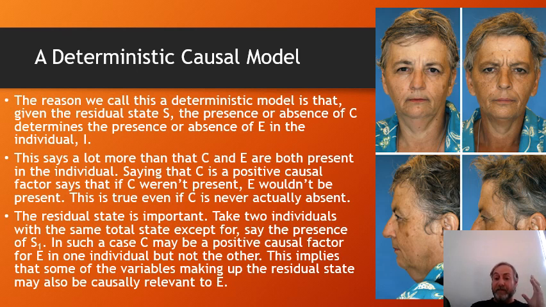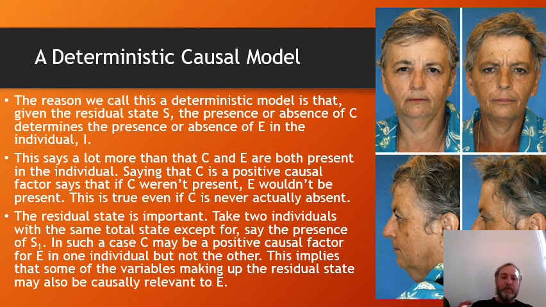If I say my fair skin is a cause of my having skin cancer, that's to say that if I hadn't had fair skin, I wouldn't have had skin cancer. So this is obviously a much stronger and more interesting claim than mere correlation. Now we're making claims about other possible ways the world could have gone.